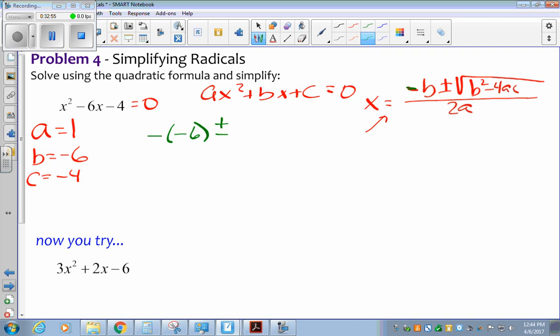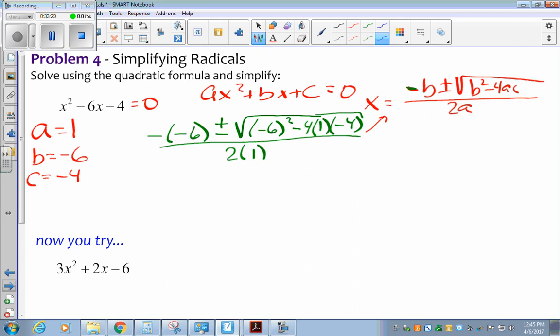Plus is one of the answers. The minus is the second answer. And then we're going to square b. When I have a negative number and I square it, I end up with a positive. 4, no matter what, it's a 4, times a times c, all divided by 2a. We're going to simplify.